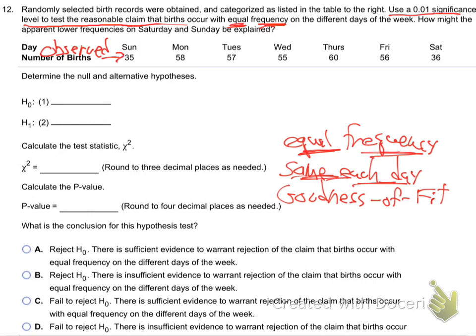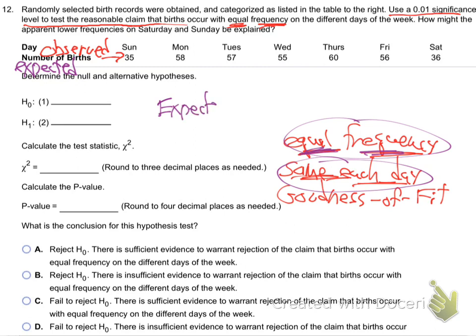And then you've got to also have the expected, like if there really were equal frequency and the same number born each day, how many would that be? So when they say equal frequency, here's how you're going to do the expected numbers. The expected is going to be the total divided by the number of categories.